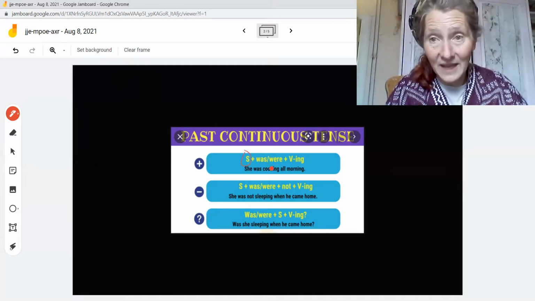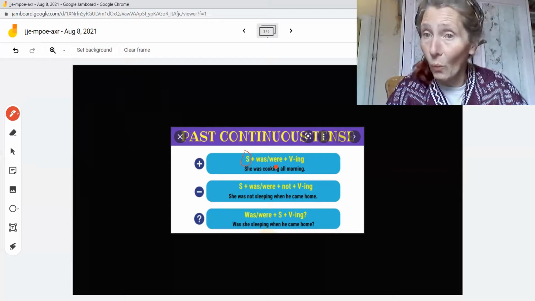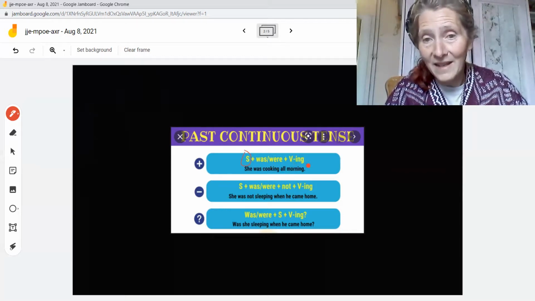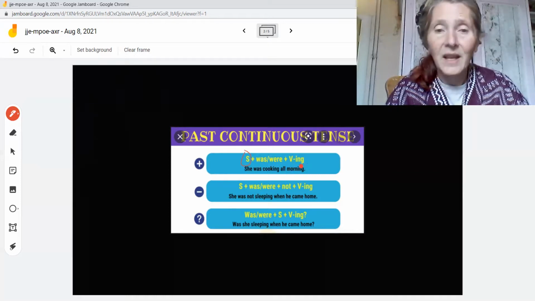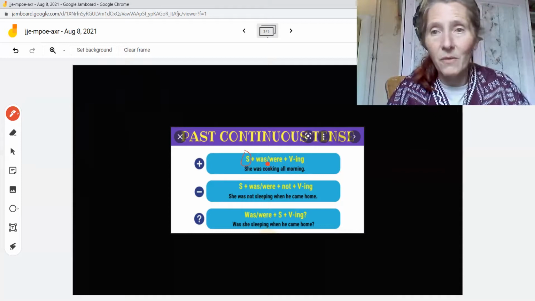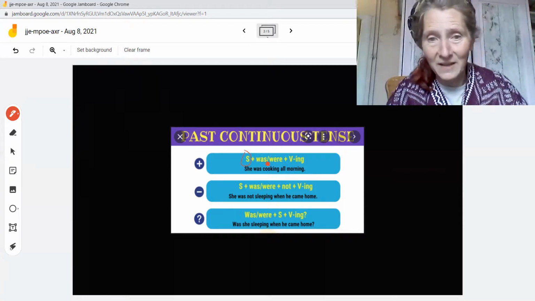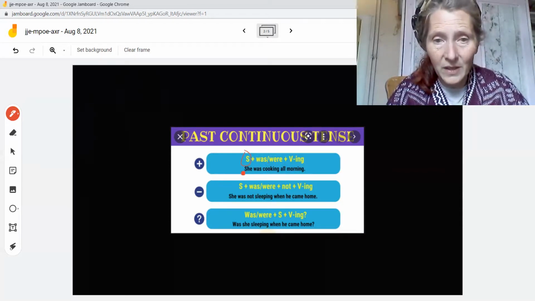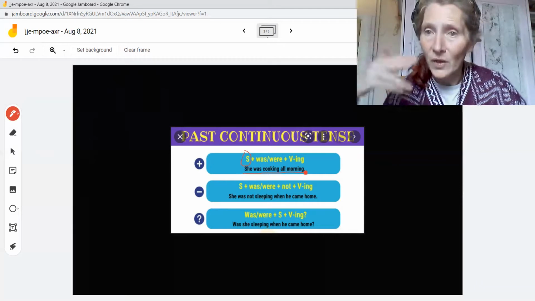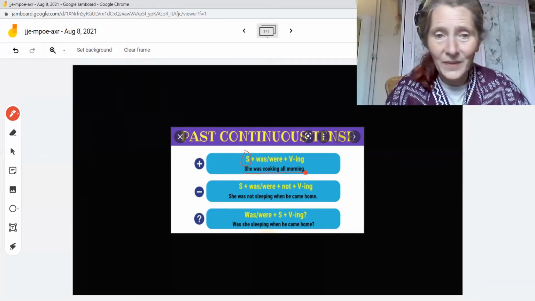In the past tense, that is going to be was or were, plus your verb ending in ing. If you've ever worked with the present continuous tense, it's very similar, except the form of to be is now in the past tense. So our example here is: she was cooking all morning. Okay, an ongoing action in the past.